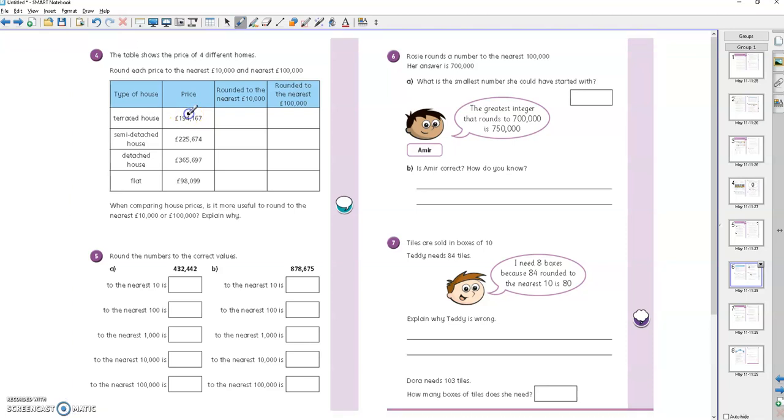So we look in the thousands column, and it's a 4. So 4 or less, we let it rest. So the tens of thousands column stays the same, and then everything else is replaced with a placeholder. So that one would be 190,000.